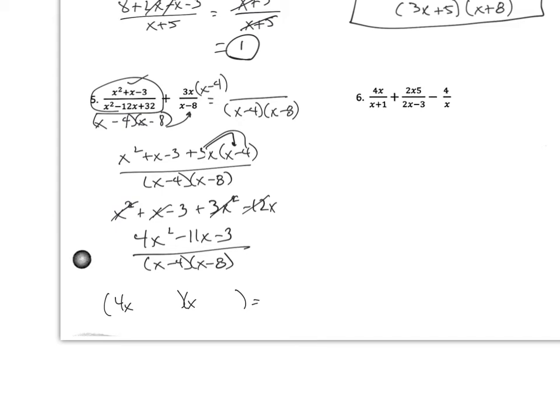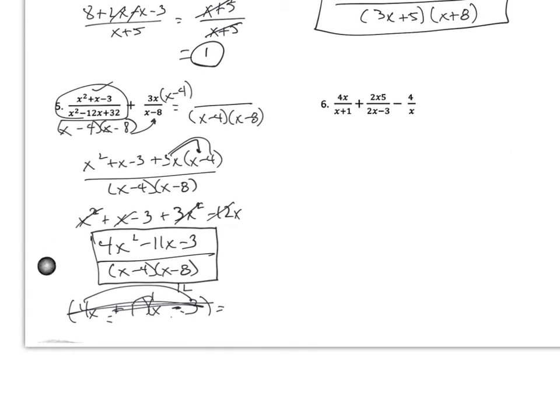I'm going to go with 4x and x because I want to get to a big number here. If I put the 3 outside, that gives me 12, and the 1 inside, I can get 11. But even despite the fact that it factors, it doesn't cancel, so this is the answer. So for those of you that would maybe forget to check if it's factorable, or don't want to check if it's factorable, you would get a little lucky there because it doesn't factor.